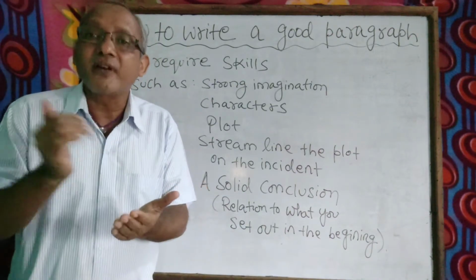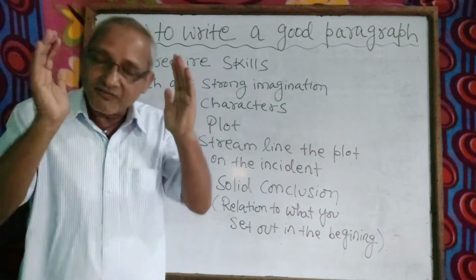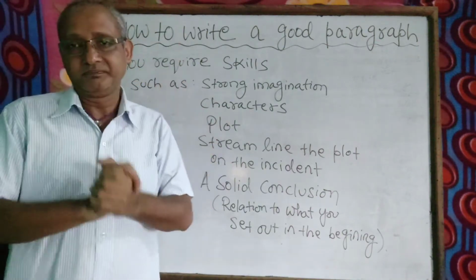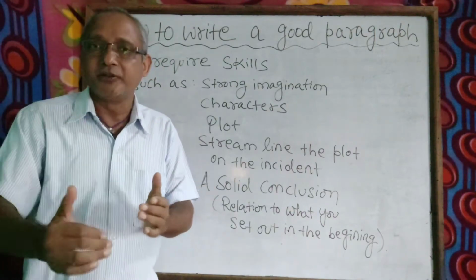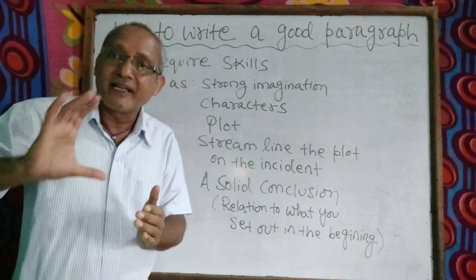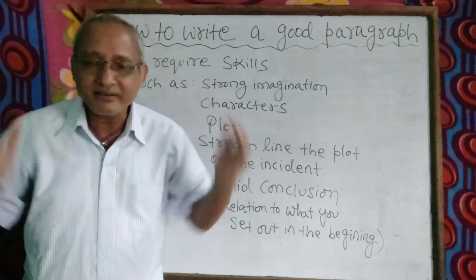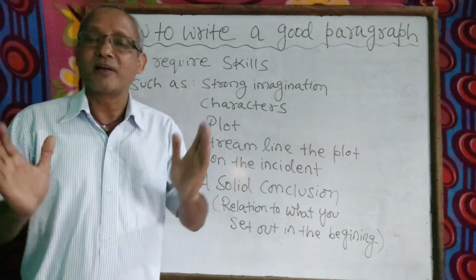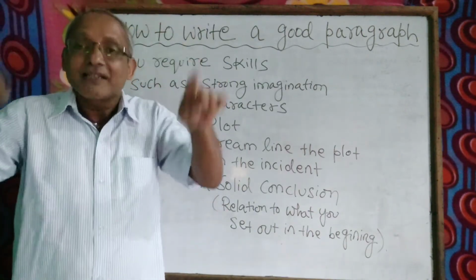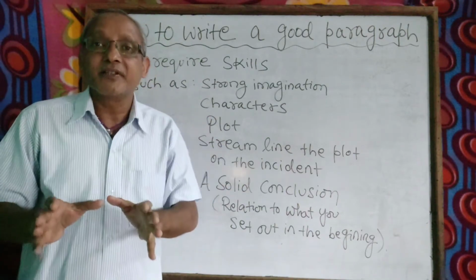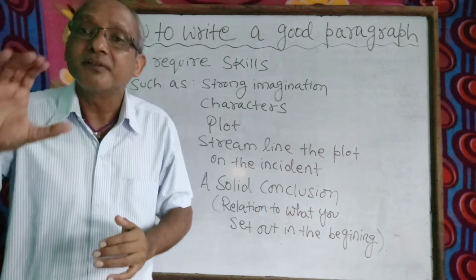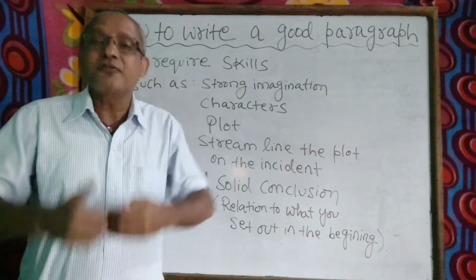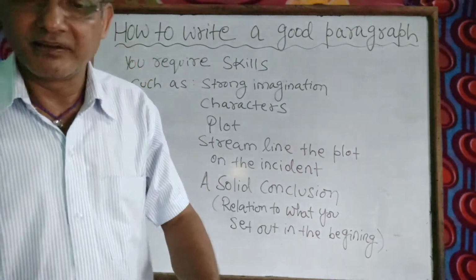So, to make your handwriting good, at least 5 words in a line. 5 words in a line will fetch you at least 8 lines of one paragraph. That's totally sufficient. So these are the preliminary requisites of establishing yourself as a paragraph writer, and this will give you a good result as well.